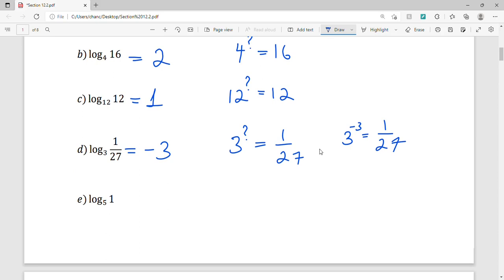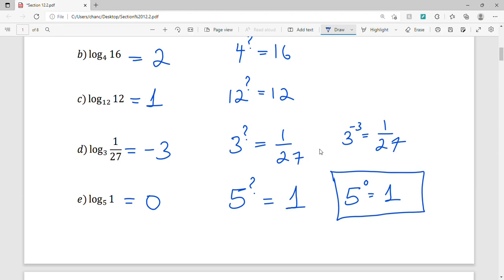In part E, 5 raised to what power gives us a 1? 5 raised to the 0 gives us a 1. That means log base 5 of 1 is equal to 0. Again, recall anything raised to the 0 power is equal to 1 except 0.